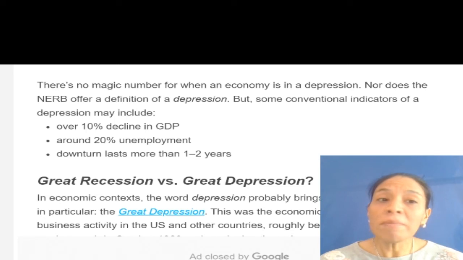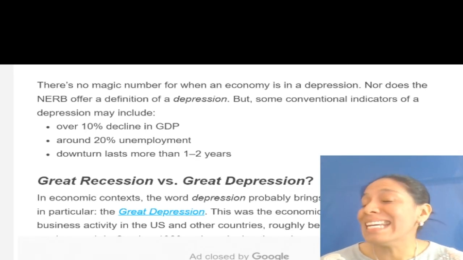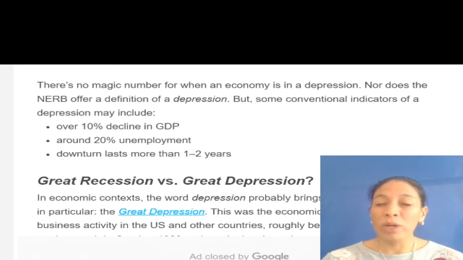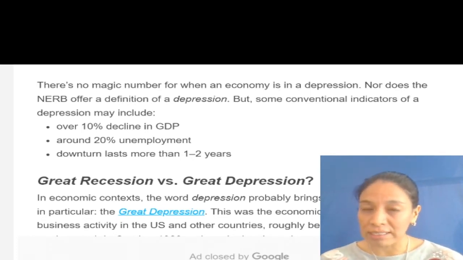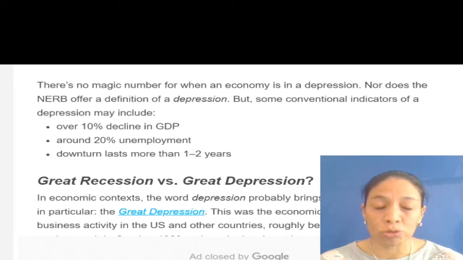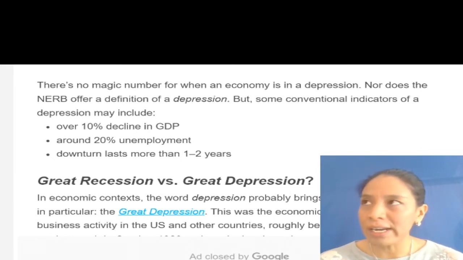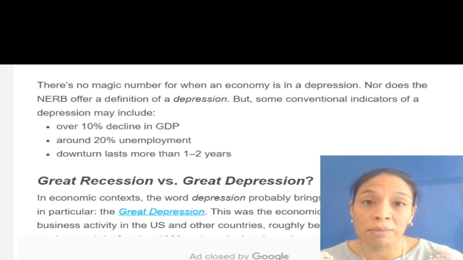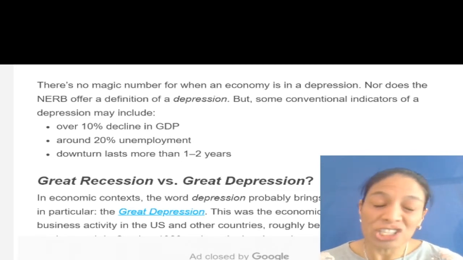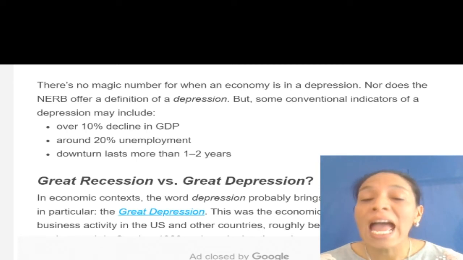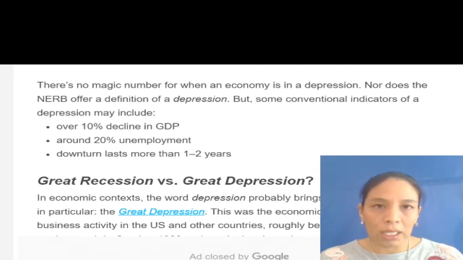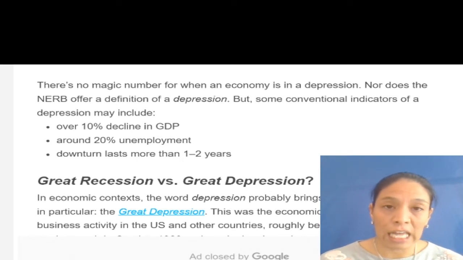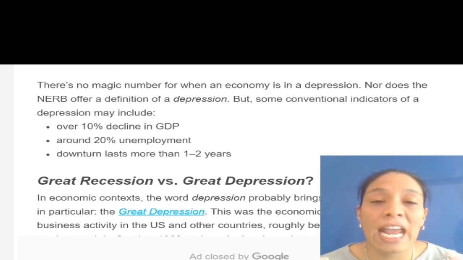Okay, so there's the magic number for when an economy is in a depression and it stops being in a recession. We know exactly when it goes out of a crisis and starts being a recession: two trimesters. But when we are not in a recession and we start being categorized as a depression, well, there's no definition. You're going to find many authors. However, the global universe has agreed that if you have over a 10% decline in GDP, we're talking about a depression.